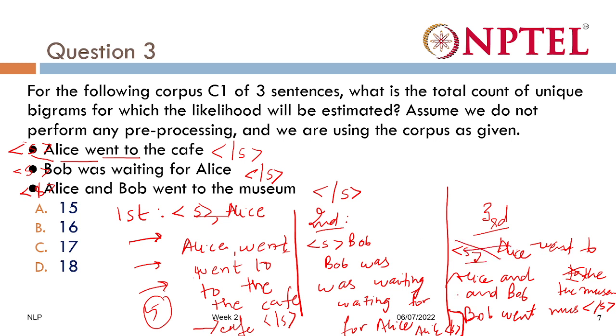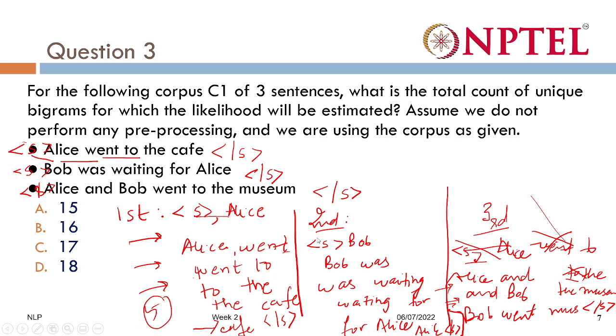Do not count its second occurrence. Alice and Bob never occurred previously, so we will count this. Bob went: is it there anywhere? No. Alice went was there, Bob went is not. Went to we already saw, and now it is occurring here as well, so you do not count its second occurrence. The museum never occurred before, and museum end of the sentence token is also unique.